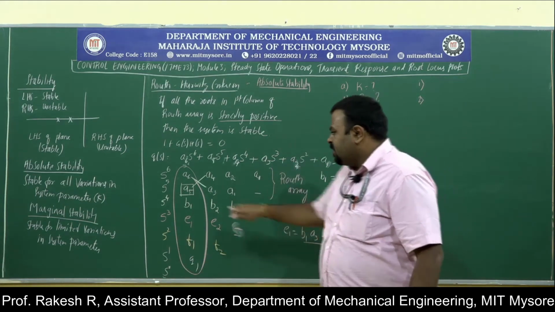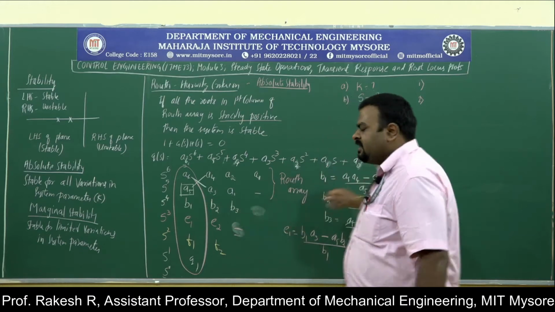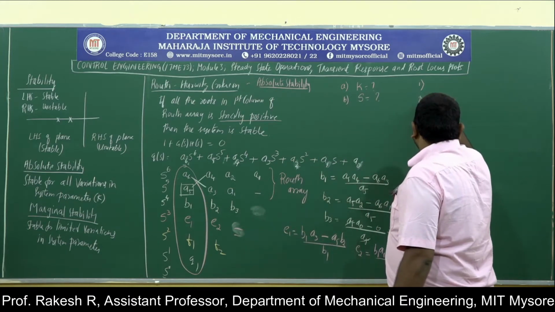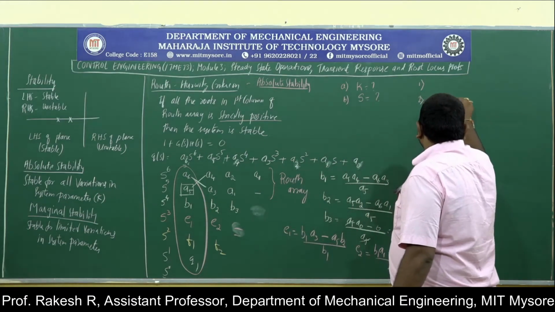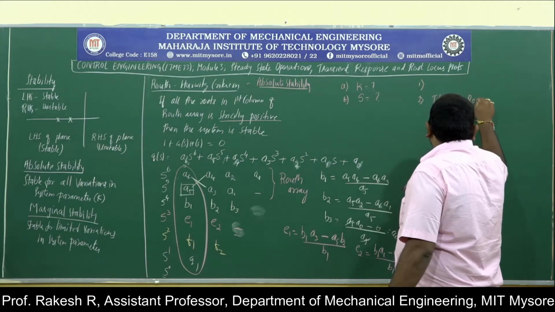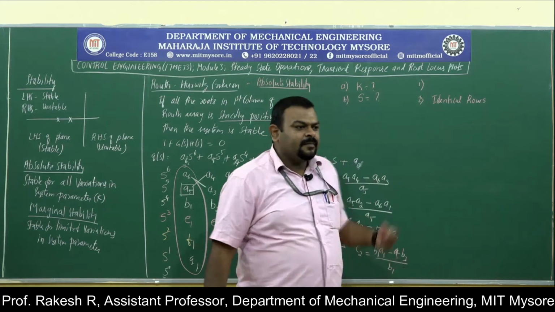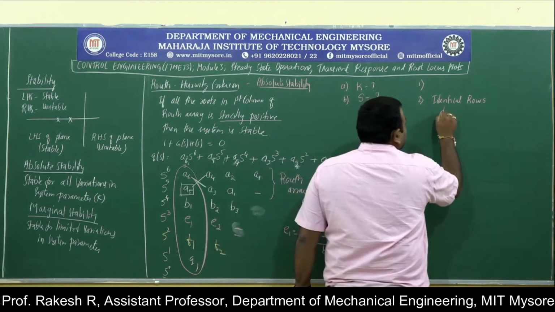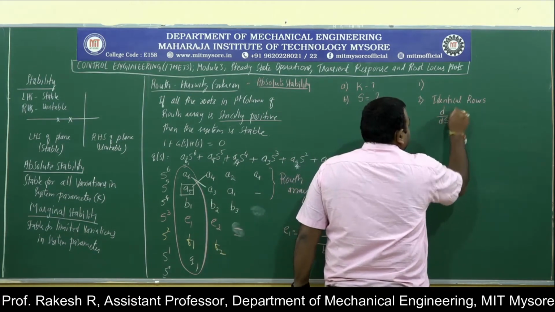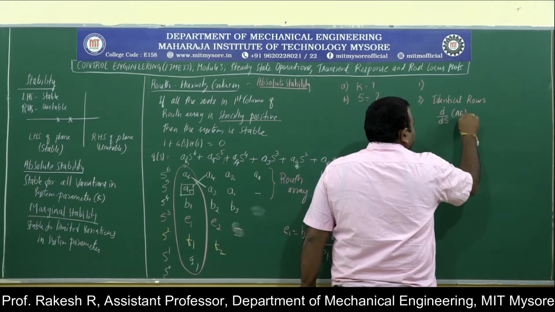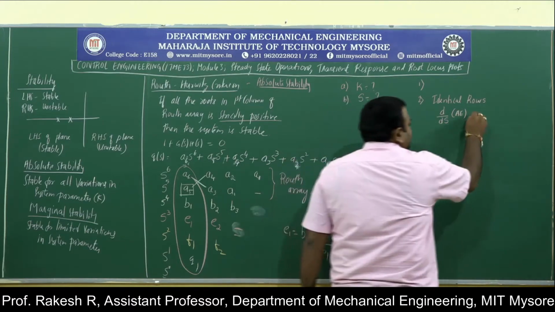Second case is, you will get identical rows. If you get identical rows, the method for this is, you need to differentiate the previous equation, auxiliary equation, to 0.